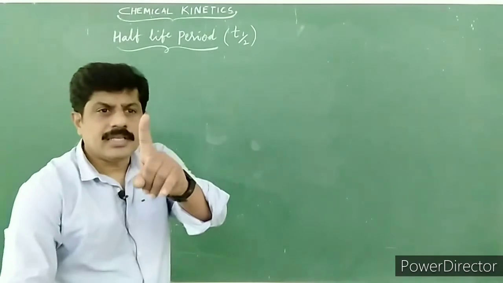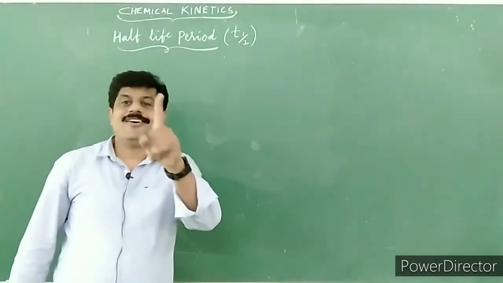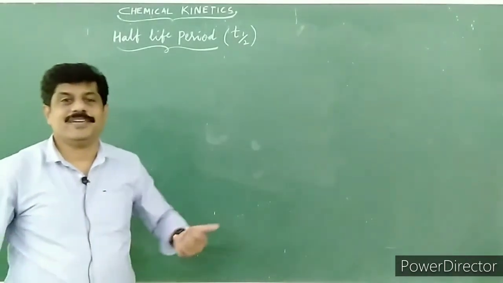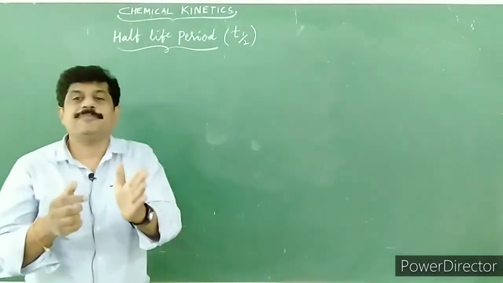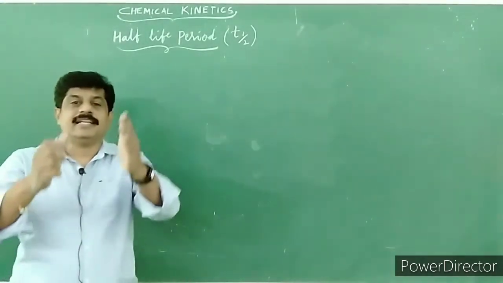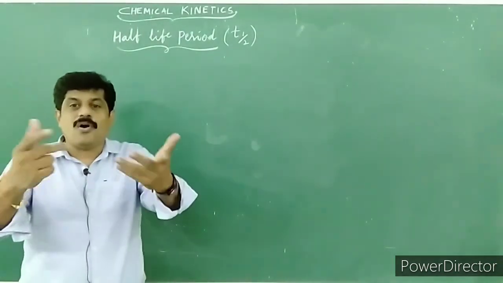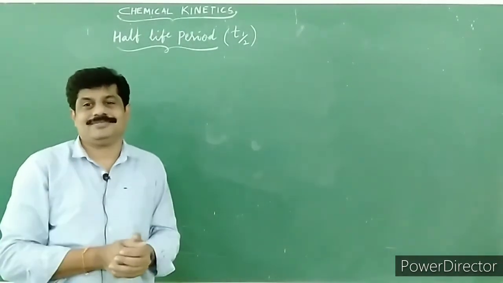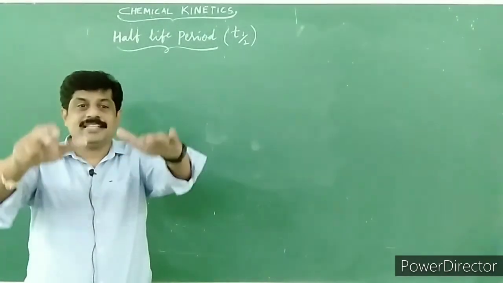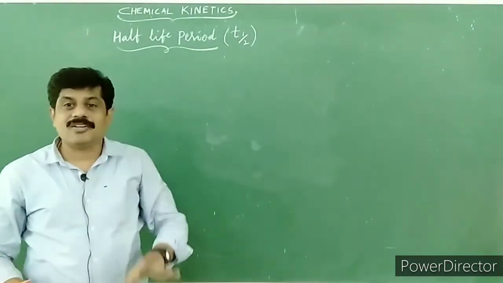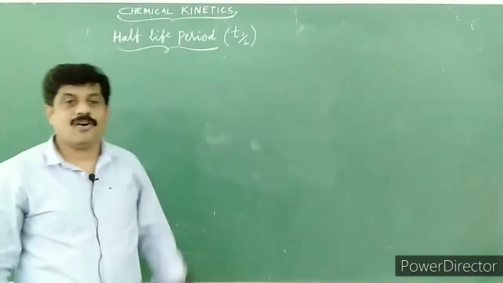Children, half-life period can also be used to measure or calculate the order of a reaction. Then what is this half-life period? Children, half-life period is defined as the time during which the concentration of reactant is reduced to half of its initial concentration. I repeat again, the time during which the concentration of the reactants is reduced to half of its initial concentration is called half-life period, and it is denoted as t half.